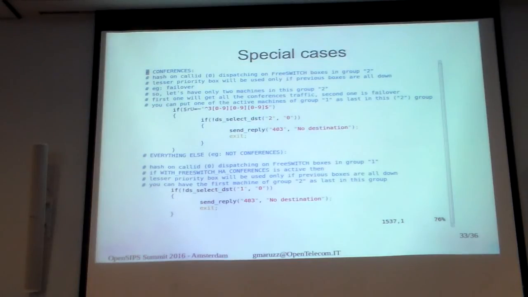If it is, you select a destination from dispatcher set number 2. Dispatcher set number 2 is made up of one active machine, and in case of failure you will go to another machine.